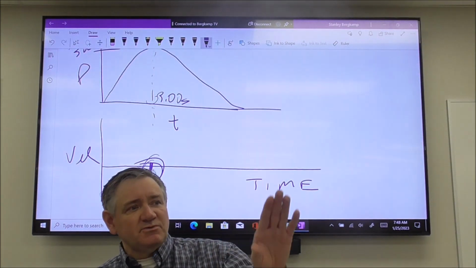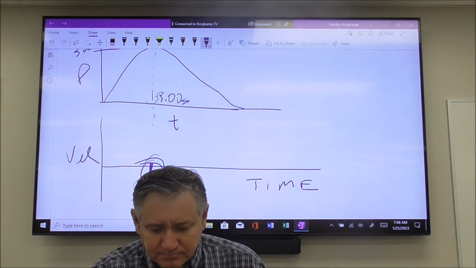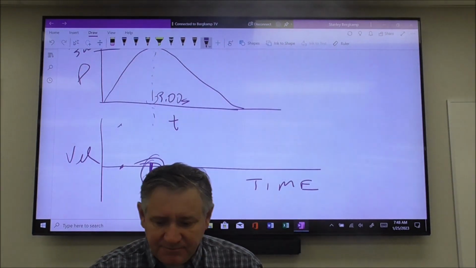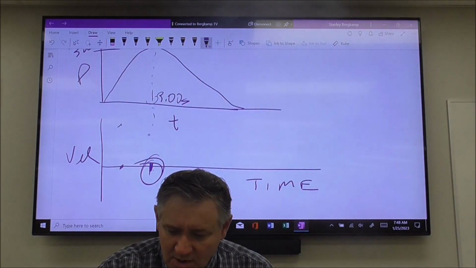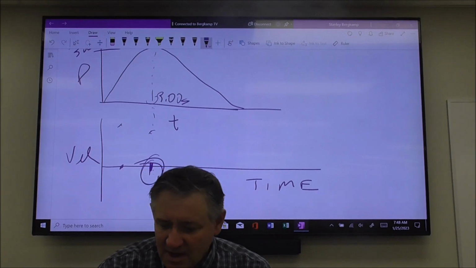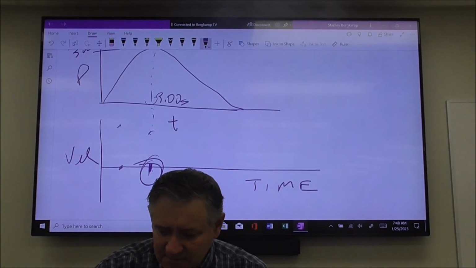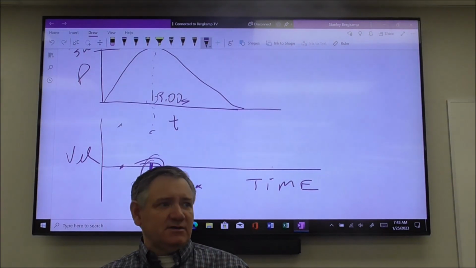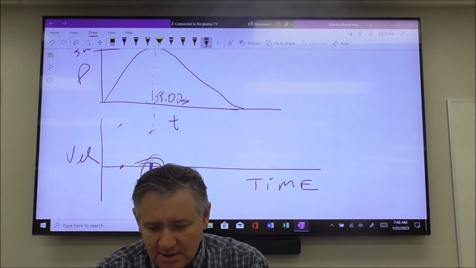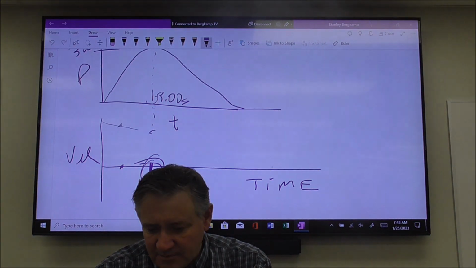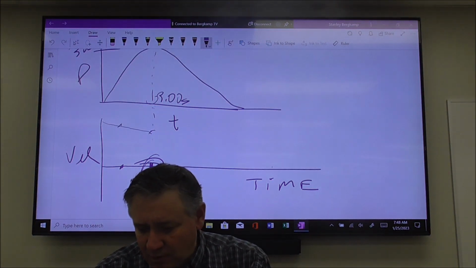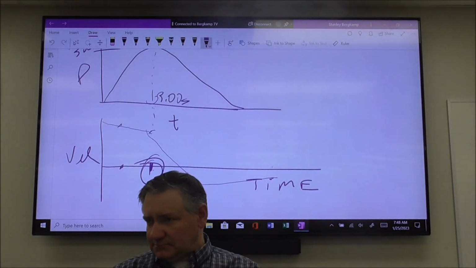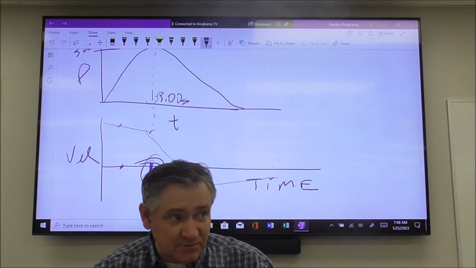Here's what you want to do: at the end of the first interval you had a certain positive velocity, at the end of the second interval you have another velocity, and then over here you have some negative velocity, and at some other time another negative velocity. You're tempted to connect the dots, go from here to here, then take this point way out like this, and have something like that. That's what you all have been taught to do.